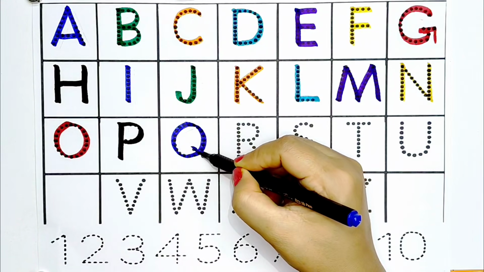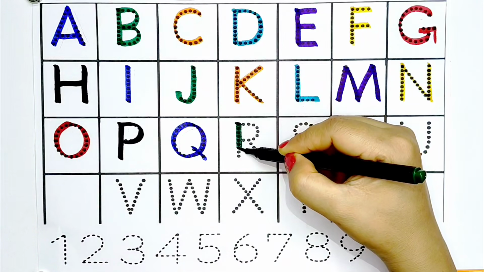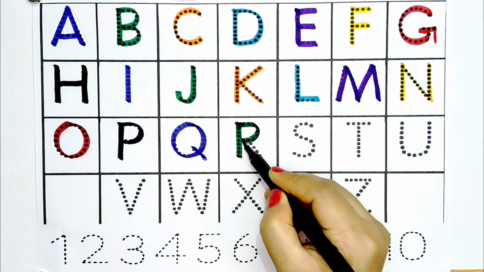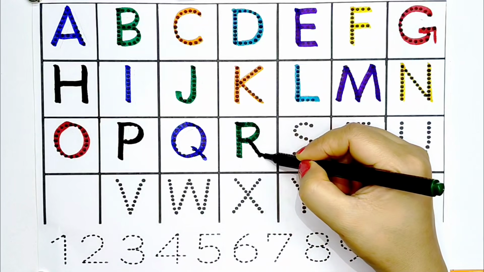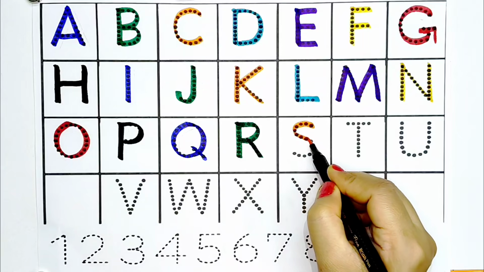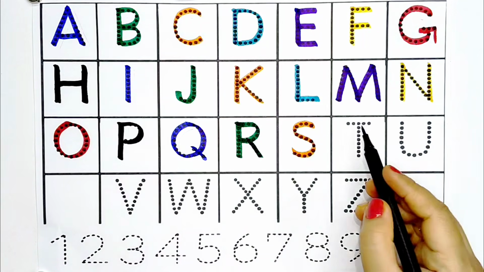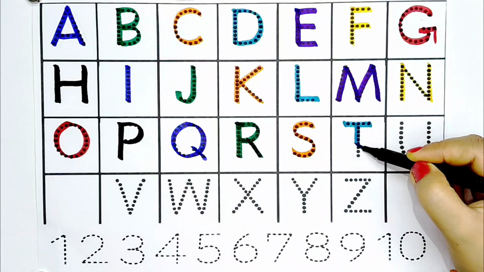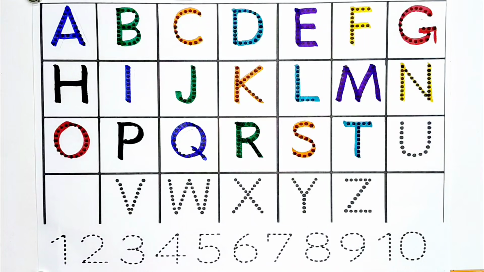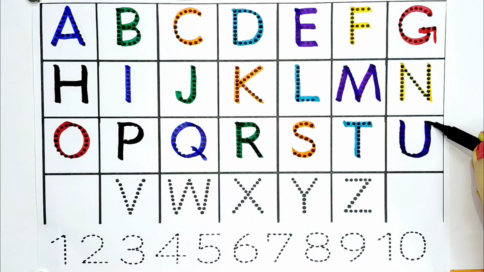Q for queen. R for rose. S for sun. T for tiger. U for umbrella.